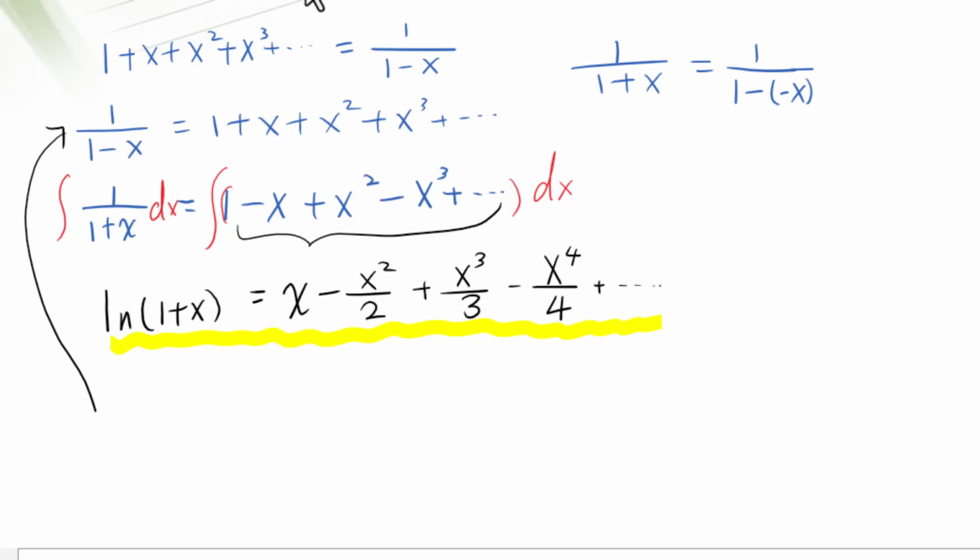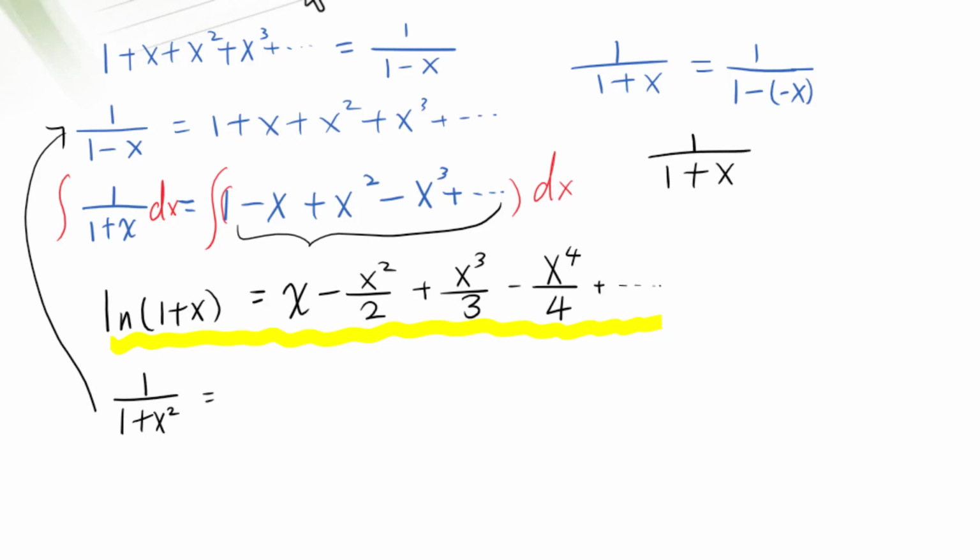This time, we want to figure out 1 over 1 plus x squared. We can write 1 over 1 plus x squared as 1 over 1 minus negative x squared. Every single x changing into negative x squared equals 1 minus x squared plus x to the fourth power minus x to the sixth power plus.